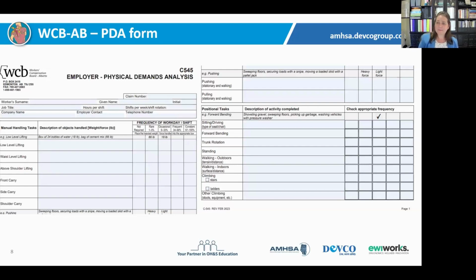Some of the key pieces that they pull out here are job title, company name, and frequency of how often different physical, or I guess manual handling tasks in this case, are completed. So in this format, how it is completed is you kind of look at the job as a whole.